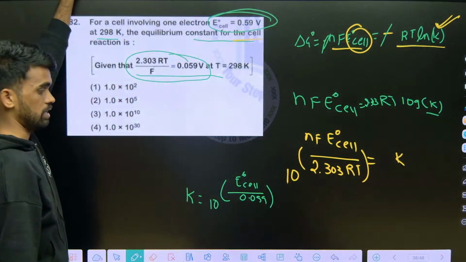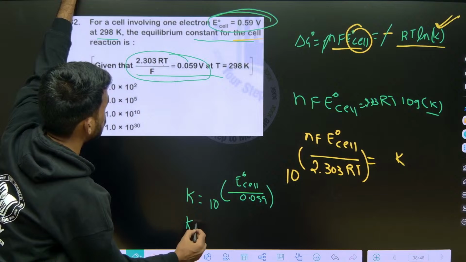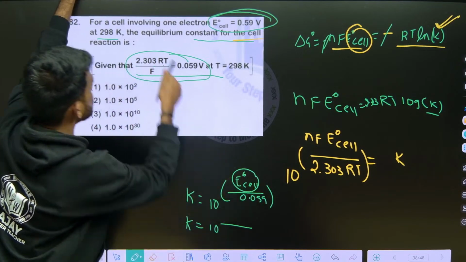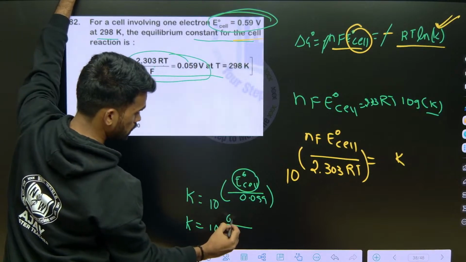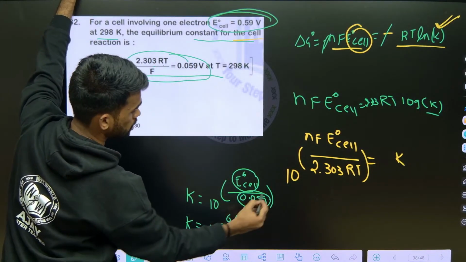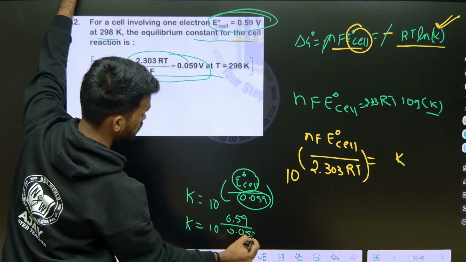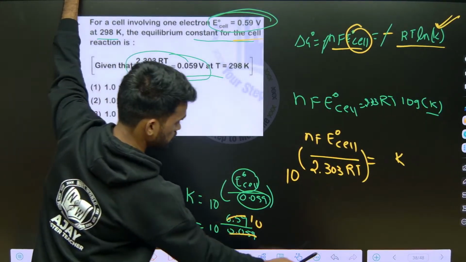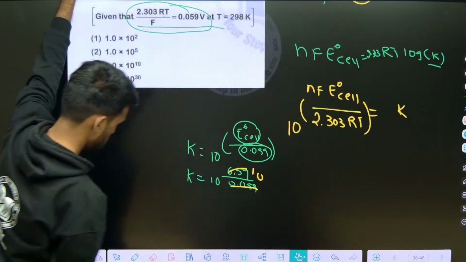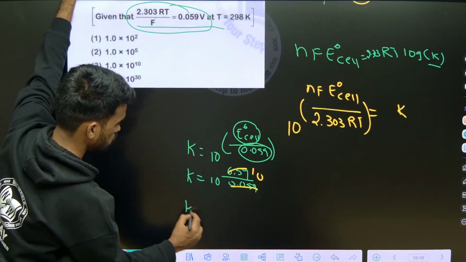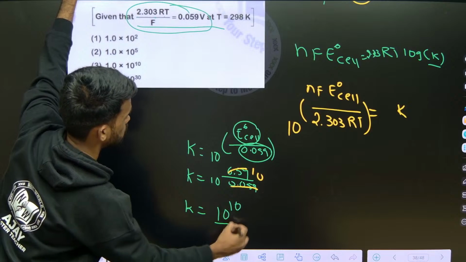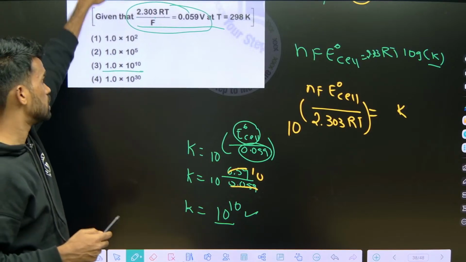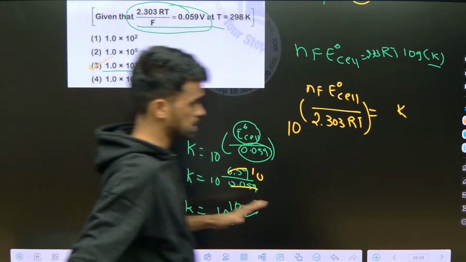How much they mentioned in the question, 0.59, and the denominator is 0.059. So that is 10, and finally K equals 10 to the power 10. So 1 into 10 power 10 will be the answer. I hope it is clear.